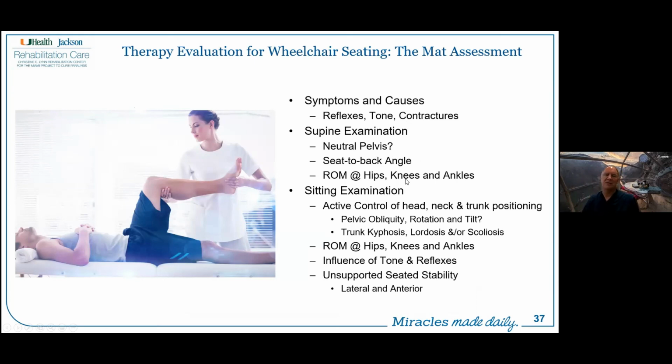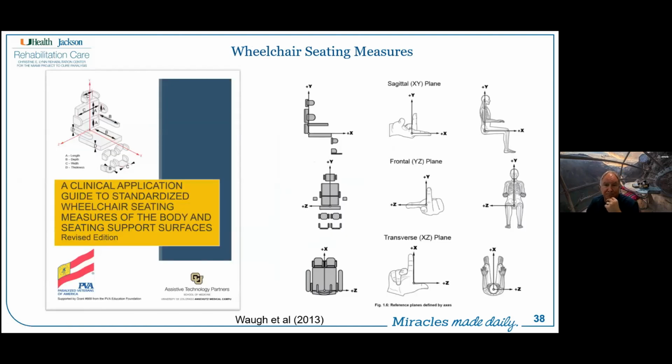Is it fixed? Do they have good range of motion at hips, knees, and ankles? And then their sitting examination is going to include all of these things as we go through there, because they're also going to want to report out and to provide options to reduce the influence of tone and reflexes to make sure that they are supporting appropriate stability in the chair.